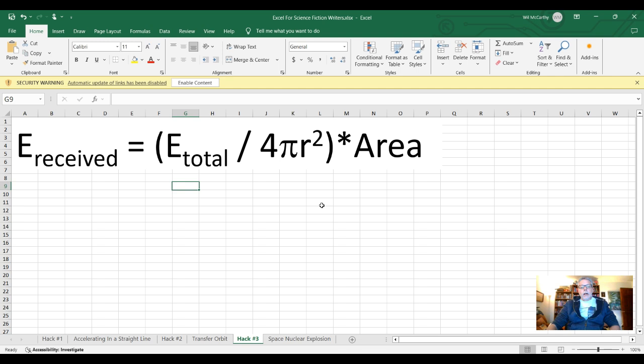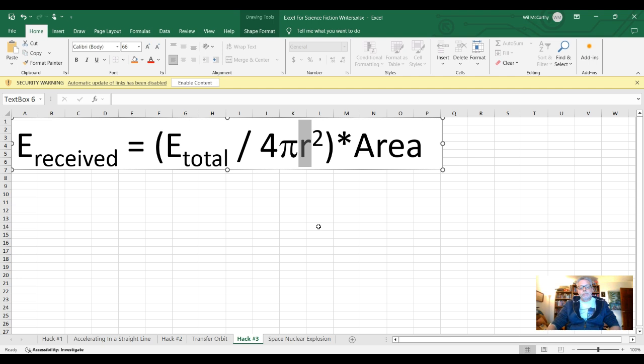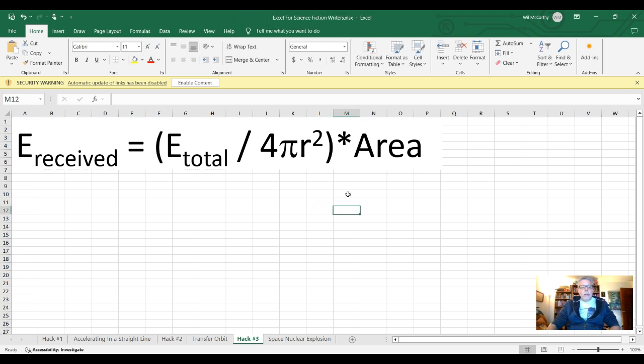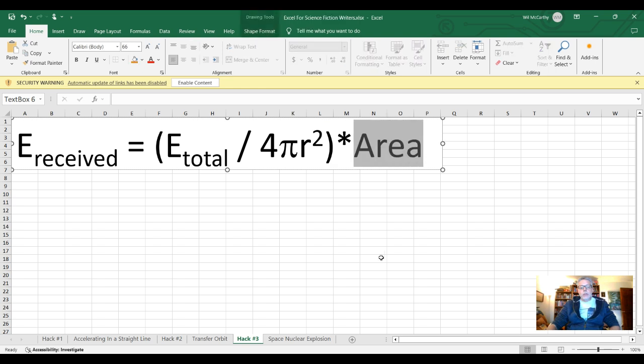So what we really want to know about an explosion is how much damage an object receives at a radius r from the center of the explosion. To calculate that, we have the area of the object, which is measured in square meters, and then we have the delivered dose of radiation or energy, which is measured in joules per square meter.